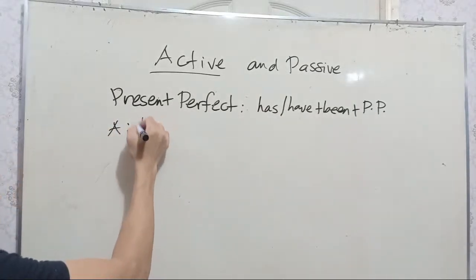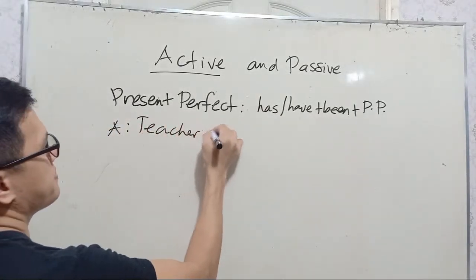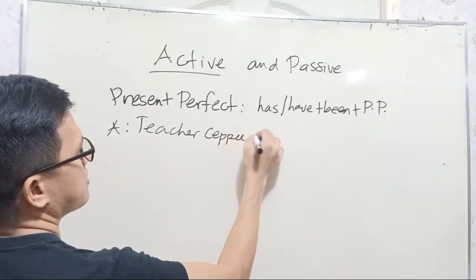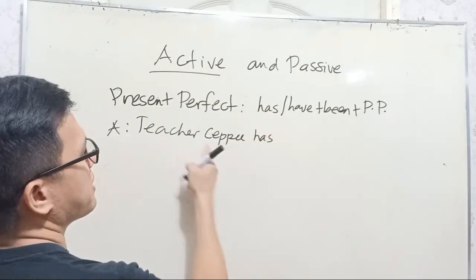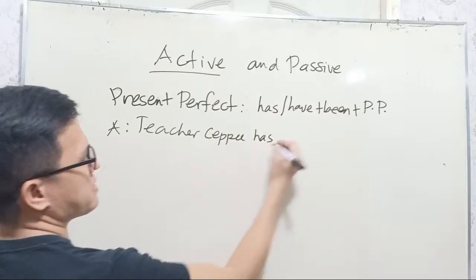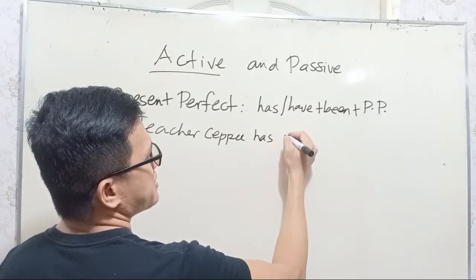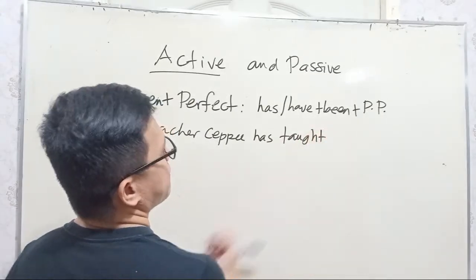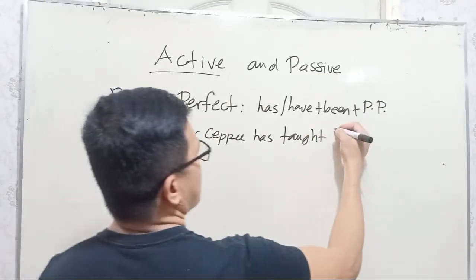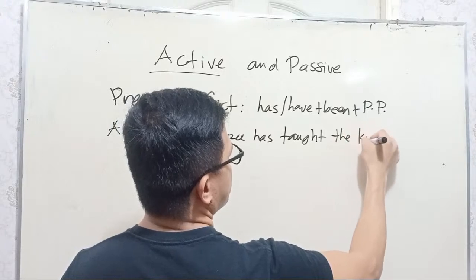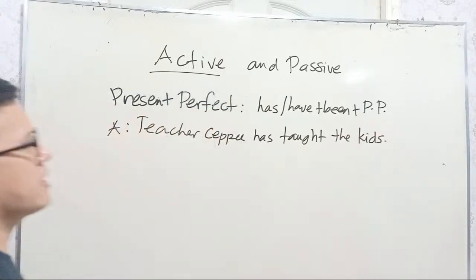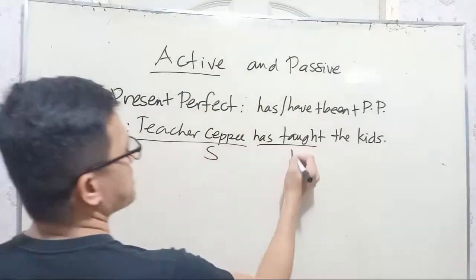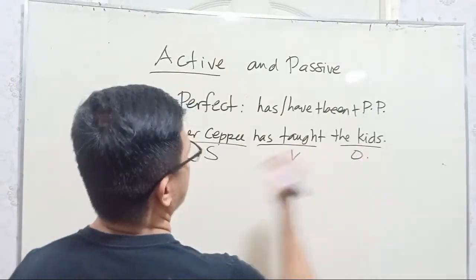Active sentence, like: Teacher Seppi has taught the kids. Of course, singular: has, because Teacher Seppi is one. This is active. Now, this is our subject, this is our verb, and this is our object.